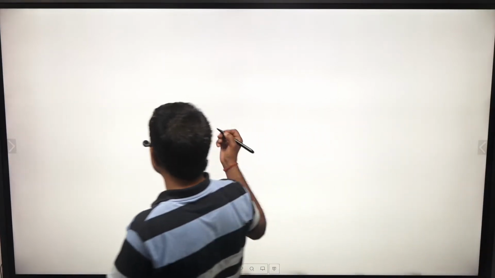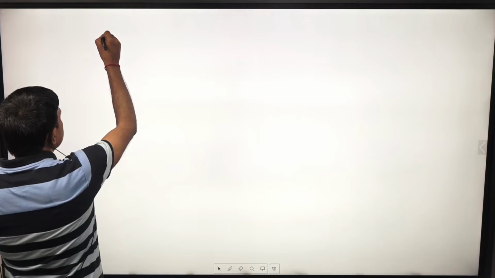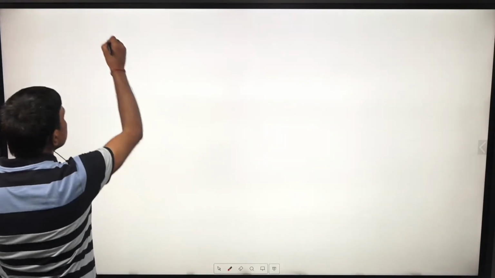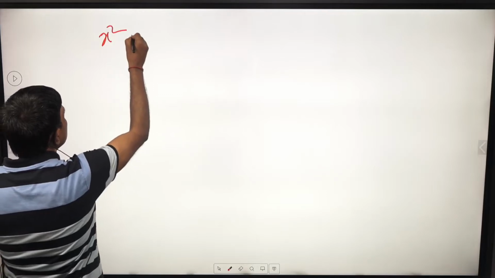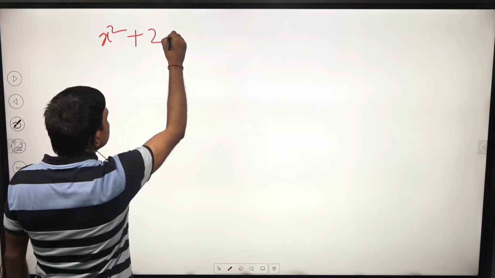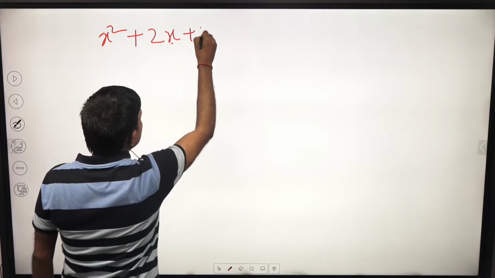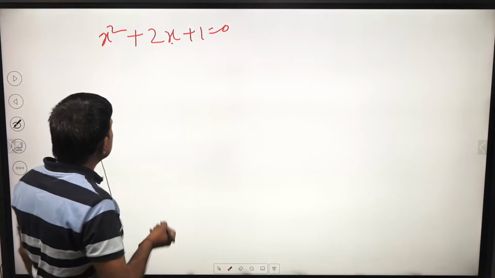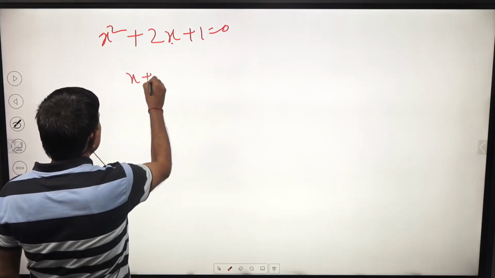Take as an example x square plus 2x plus 1 equal to 0. This is the very standard form. What is the root of this? It is (x plus 1) whole square equal to 0, simple.